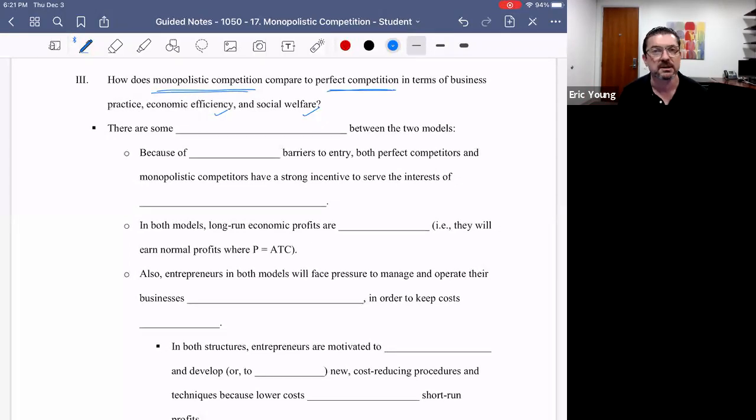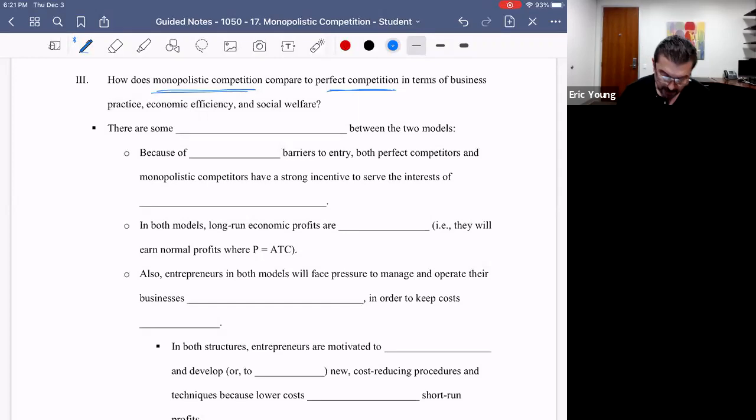Hit all the marks, achieved all the definitions of economic efficiency. The dead weight loss question and total surplus question, the allocative efficiency question, the productive efficiency question. So we know that the PC industry is socially efficient. In this discussion, we're going to compare monopolistic competition to perfect competition. Okay, so let's talk about it.